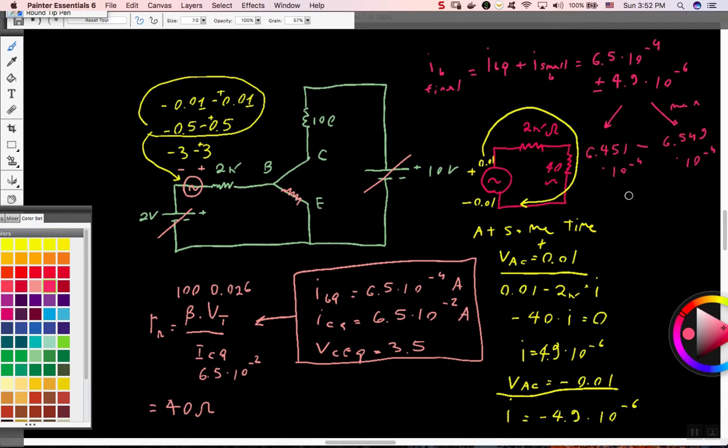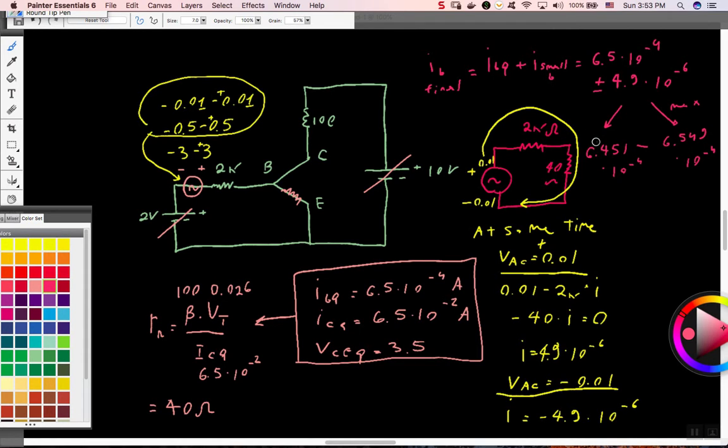So you see, sometimes the small signal can be negative, but when it adds up to the big value, the final current is still positive. The final current still goes across BE. The current is not negative. But what is true is that the small signal can reduce the large signal, like we see here.